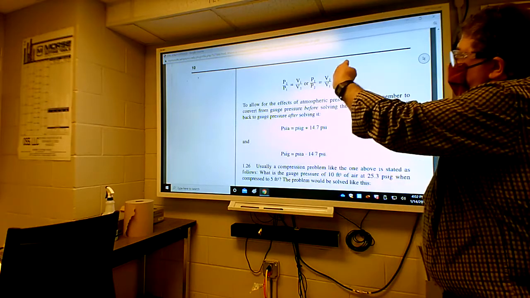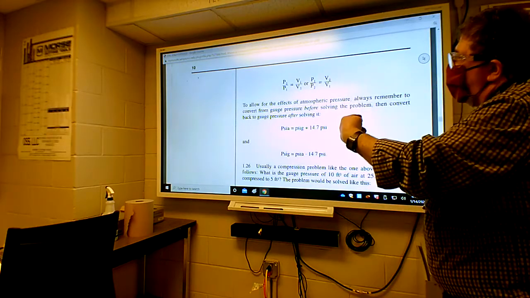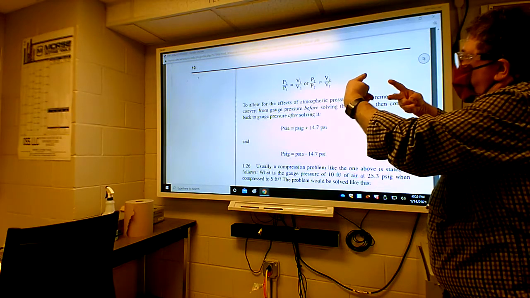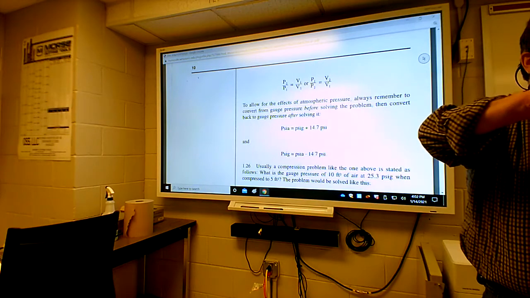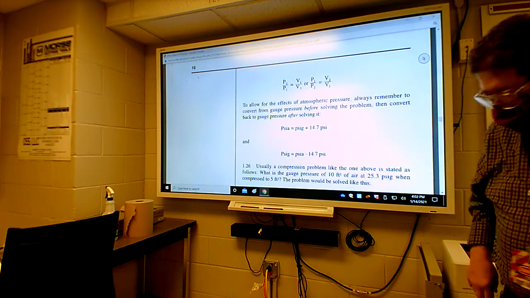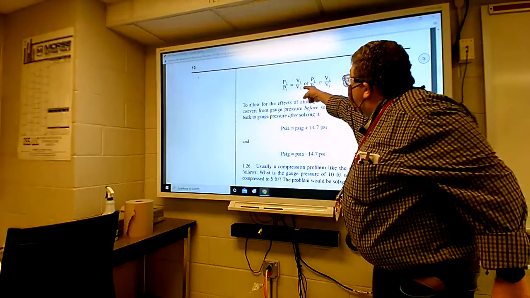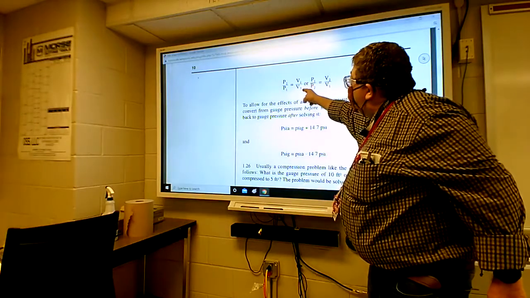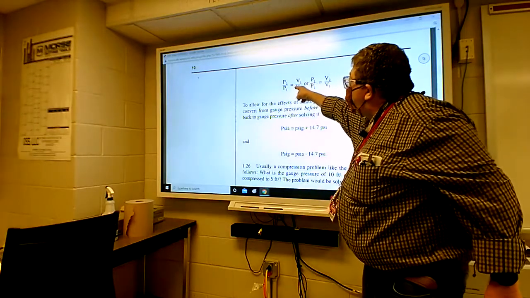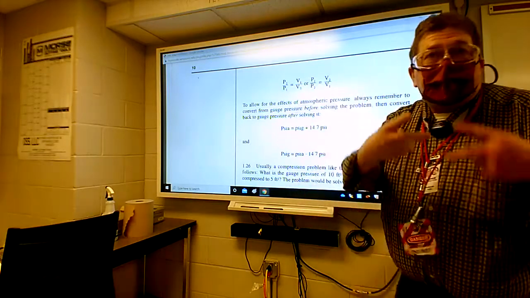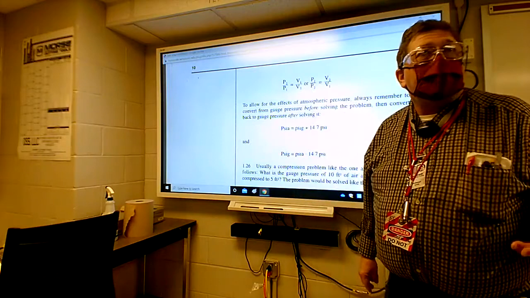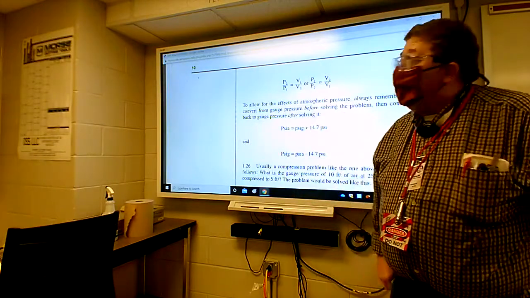So they've got pressure 2 over pressure 1, and since pressure and volume are inversely proportional, when one changes, the other one goes the other way. They flipped it over here on volume. They said that P2 over P1 equals V1 over V2. It's opposite because the relationship is opposite.